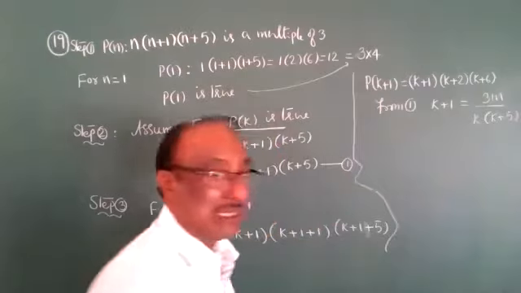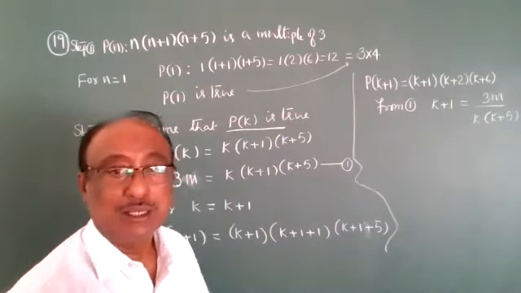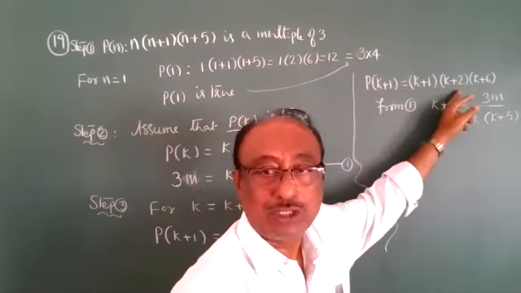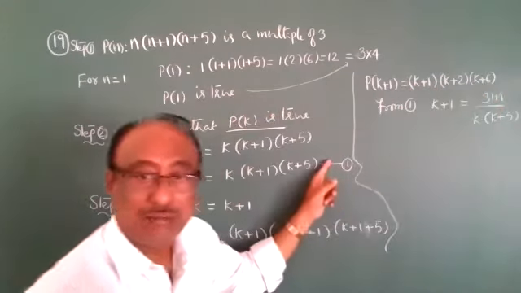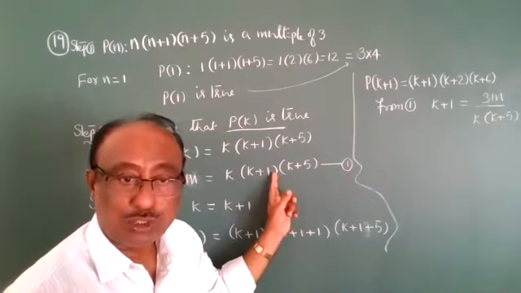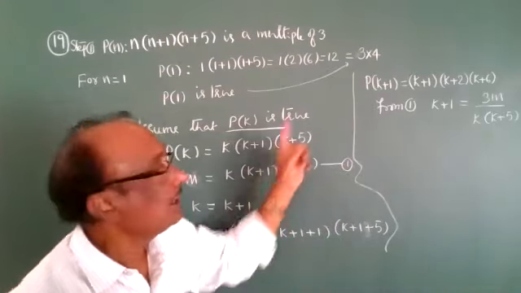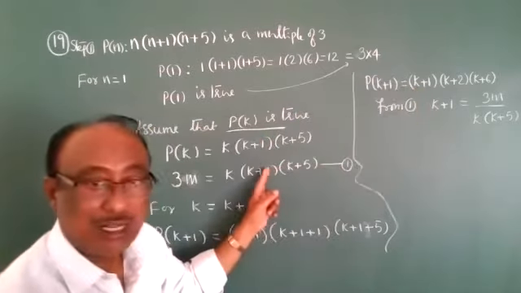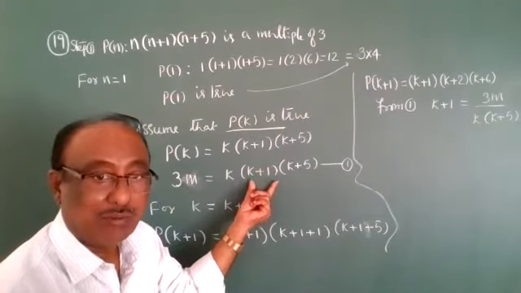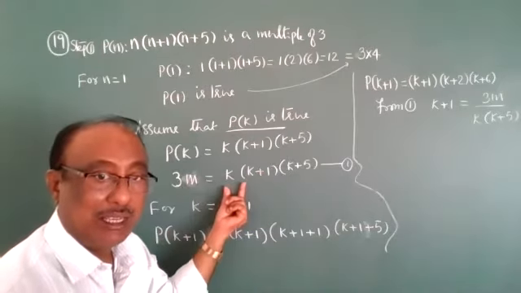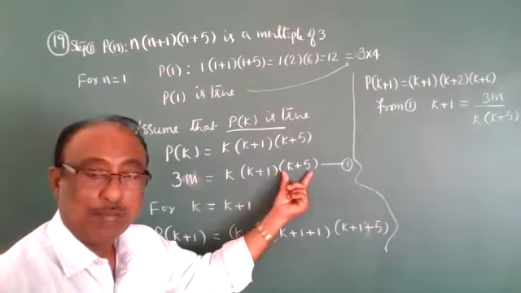Once again, I am explaining this point. Here we have k plus 1, k plus 2, k plus 6, but in equation 1 there is no k plus 2, no k plus 6, we have only k plus 1. Therefore, the value of k plus 1 from the equation is 3m by k into k plus 5.